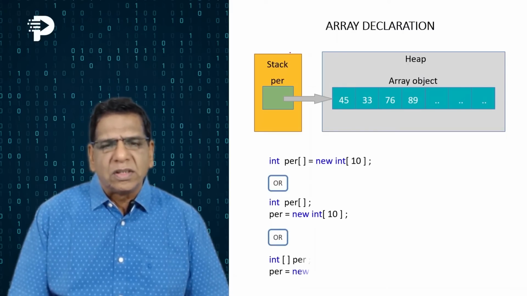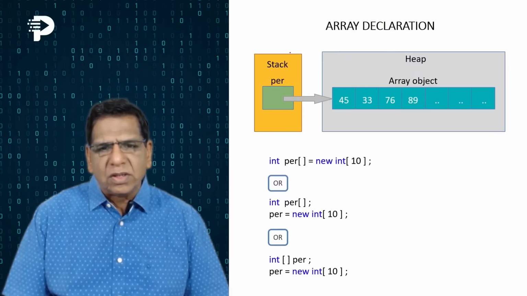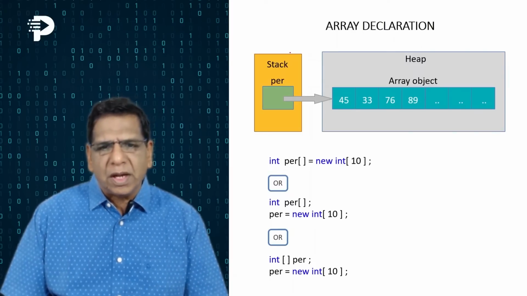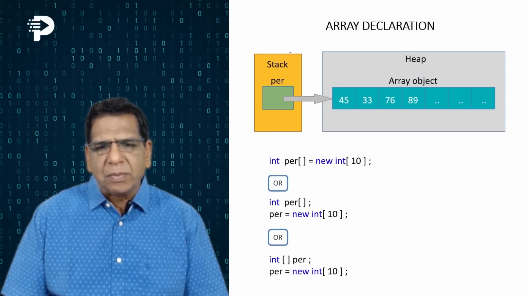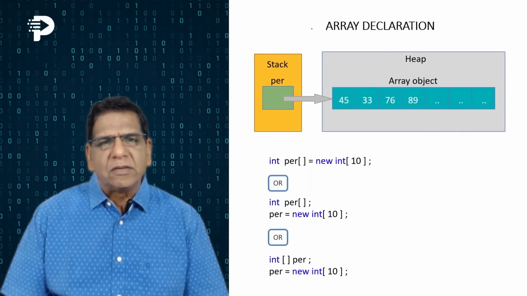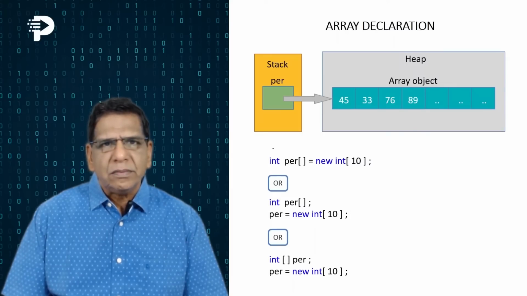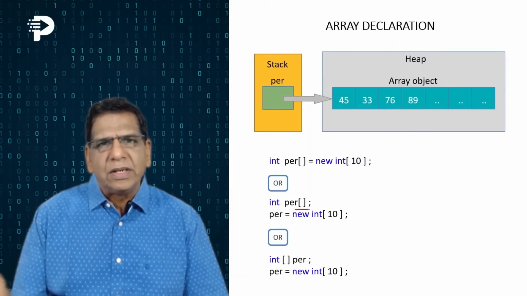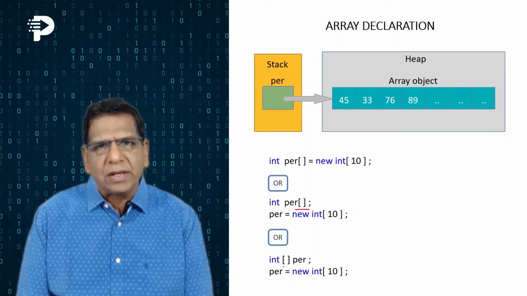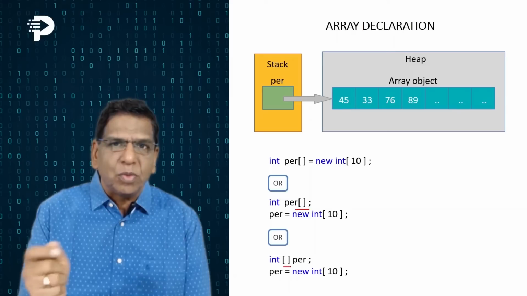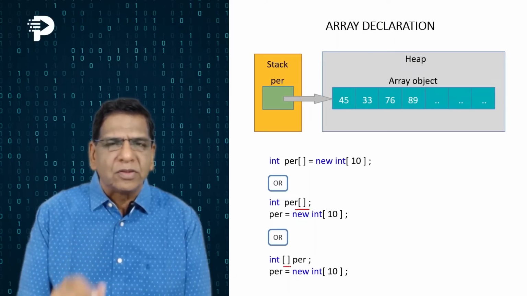What you can notice is the bracket that we are using can be given either after PER or before PER. Here we gave it after PER. In the next declaration we made use of the bracket before PER. It's an array of integers to which PER is pointing. That bracket is basically indicative of the fact that PER is a pointer to an array or a reference to an array object.